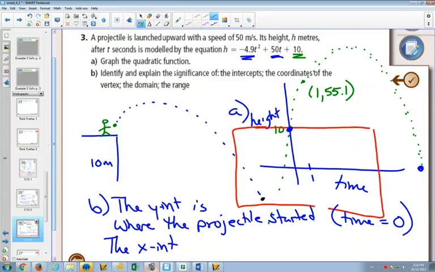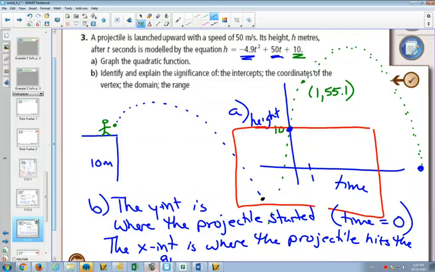The x-intercept is where the projectile hits the ground. So your x-intercept is where the projectile hits the ground. So if you made h equal to 0, the height would equal 0 in this case, and you solved it with your quadratic formula, you could find out at what time it hit the ground.